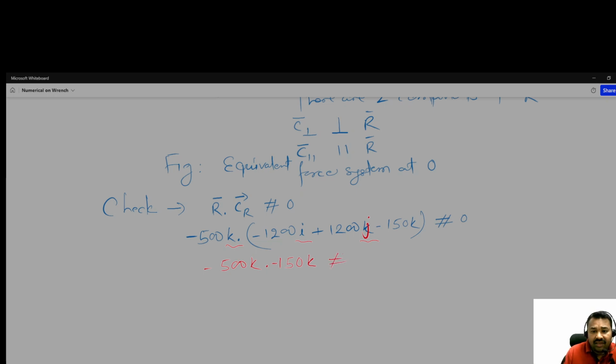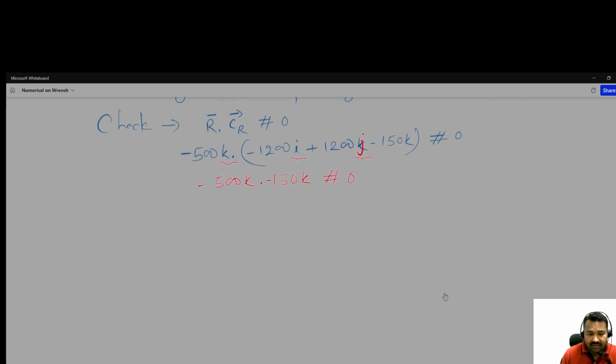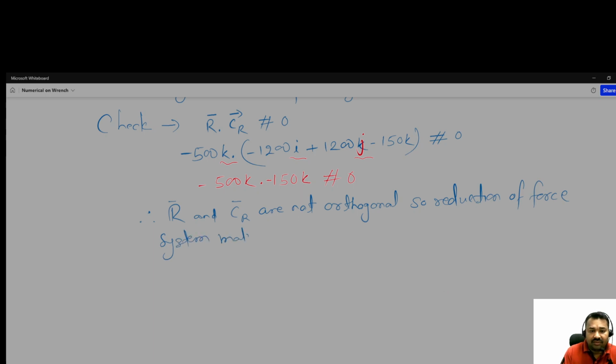Means we are not getting 0. So what is the meaning of this? Since R and CR are not orthogonal, the reduction of the force system makes a wrench.